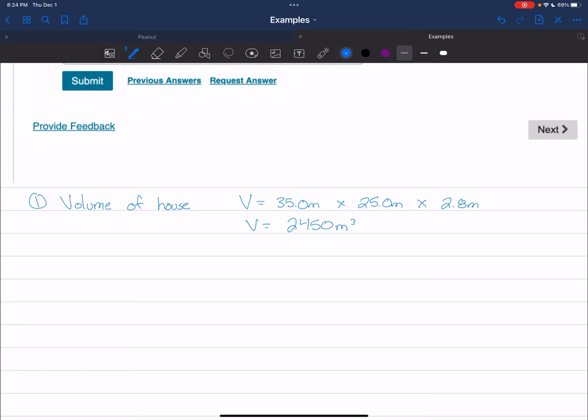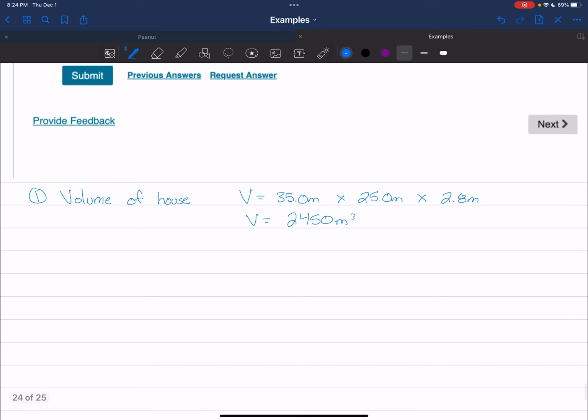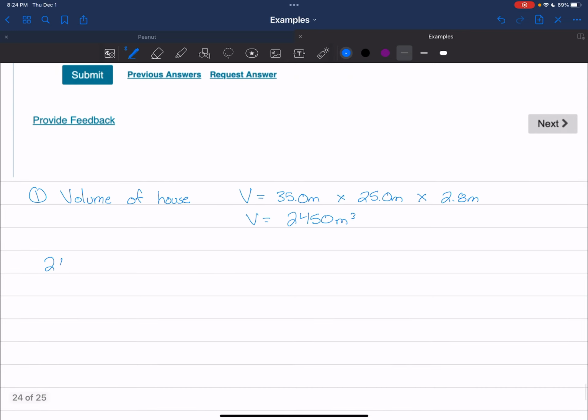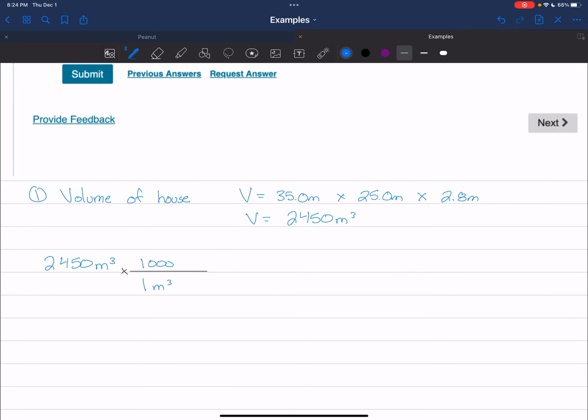So now we have to take this volume of air and change it into moles. Well, 2,450 meters cubed. Right, and so we're going to convert that. And we know that a meter cubed of air, in this case, is 1,000 liters.